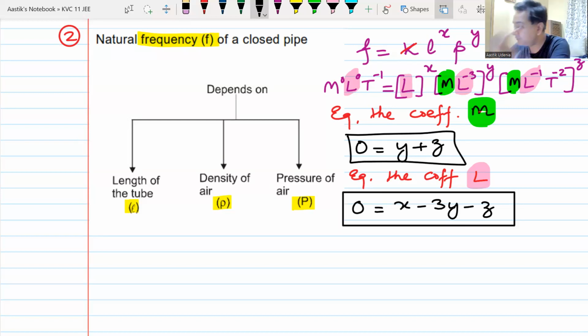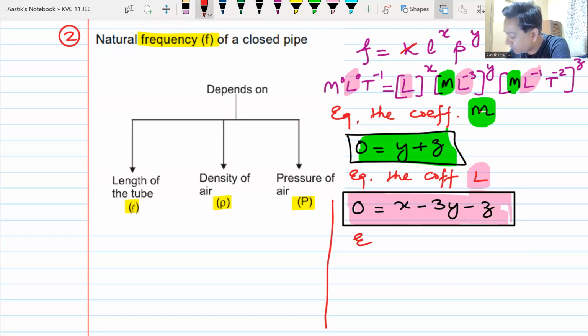Do we get this? Yes or no? Yes. The green equation is the equation we got by equating the coefficients of M. The pink one, my favorite, is the equation that we got by equating the coefficients of L. Let us now equate the coefficients of the last gentleman, T, which I shall draw in blue.